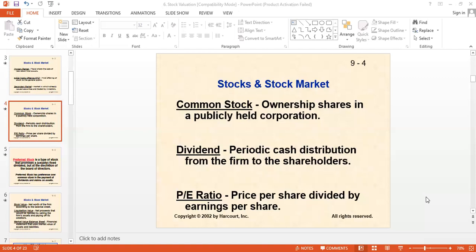Please try to focus and realize what we are talking about. We are talking about price, and we are talking about the earnings of an organization. So we calculate this ratio to relate the price of a stock with the earnings of a company.